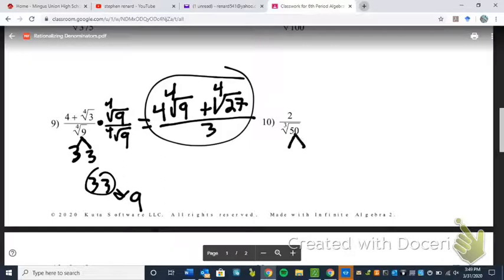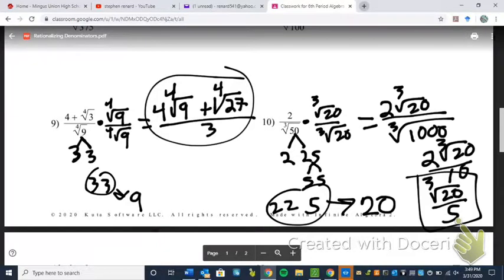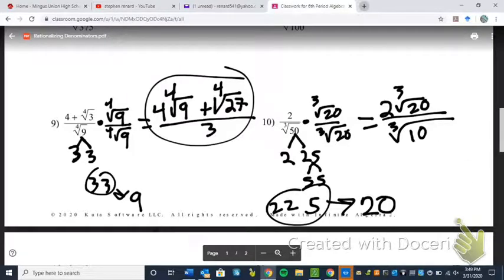Now number 10. 2 times 25. 25 is 5 times 5. So we need 3 of each, which means we need 2 2s and a 5. 4 times 5, 20. So we're going to go over cubed root of 20 over the cubed root of 20. That gives us 2 cubed roots of 20 over the cubed root of 1,000, which turns into 2 cubed roots of 20 over 10, because we know that the cubed root of 1,000 is 10.